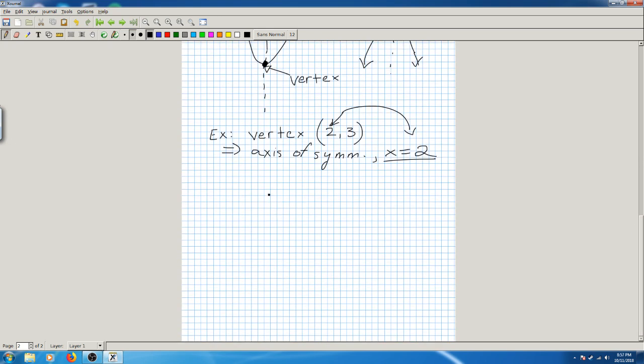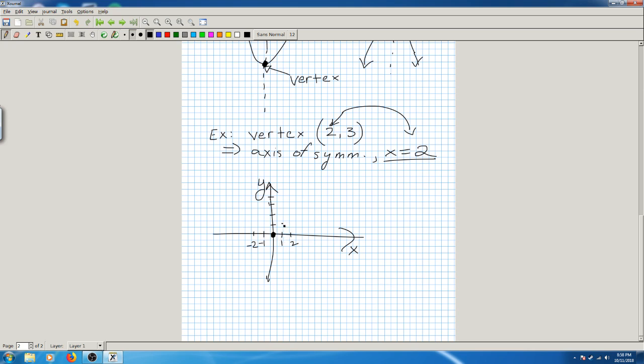Moreover, I can plot a curve, a parabola. Let's say I plot this curve. So start at 0, 0. That's the vertex.